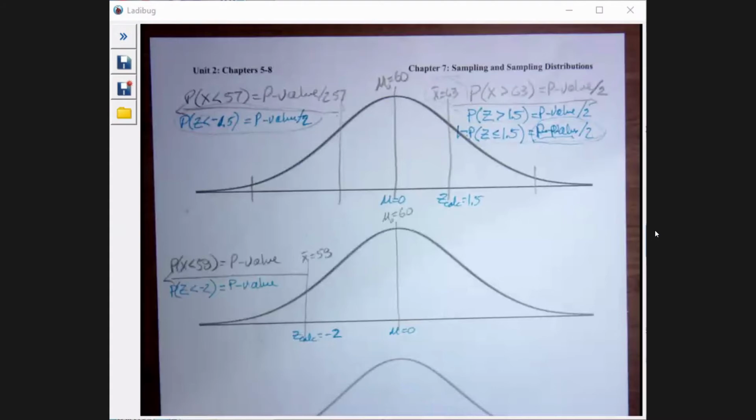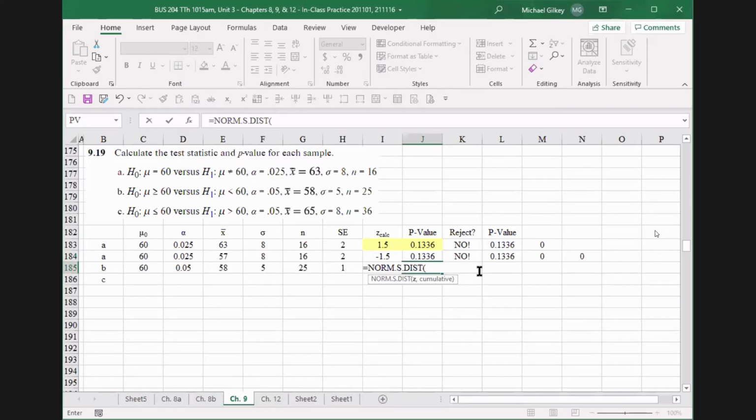So let's see what we get. Okay. So norm.s.dist. Back to Excel. Norm.s.dist of our z-score, and cumulative is true. Is everybody okay? Okay. And there we go. That's very close to 0.025. Again, it's a little less because we rounded the 95%.